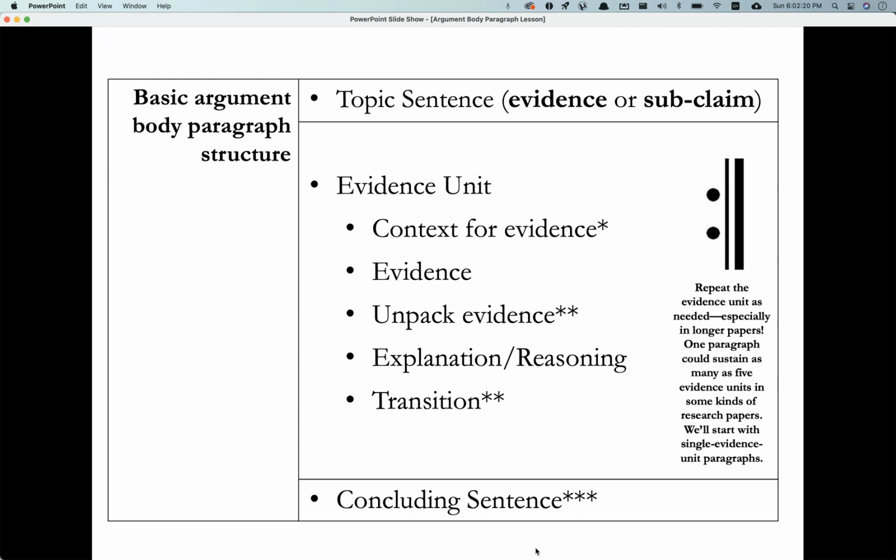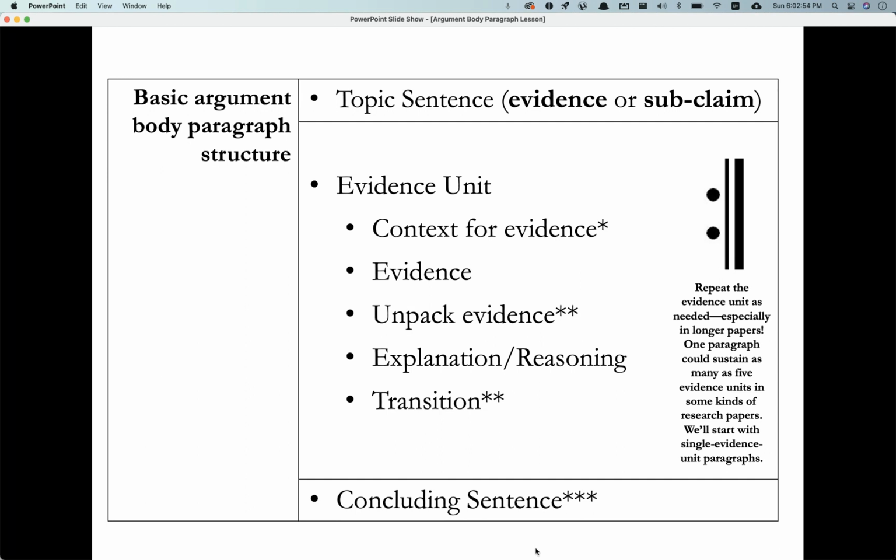All right. So, of course, there are a lot of asterisks on this slide. I'll talk about these. For context, just know that this is not the same thing as context when it comes to your introduction, and it's also not the same thing as context when it comes to introducing a quote in an analytical piece, in rhetorical or literary analysis. It's a different thing. When I say unpack evidence, it is optional in some cases, though I generally recommend you do it in most cases.